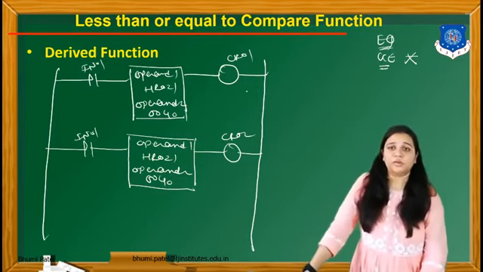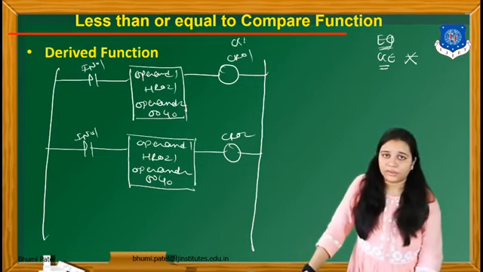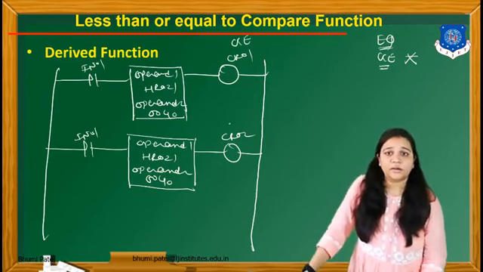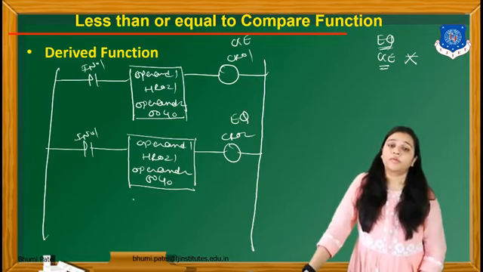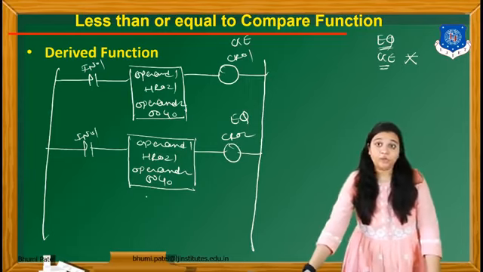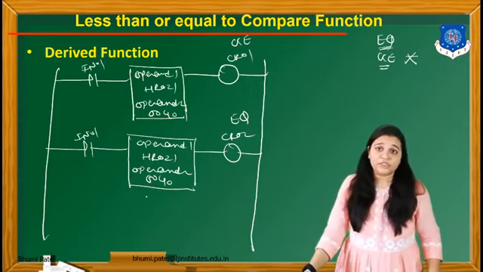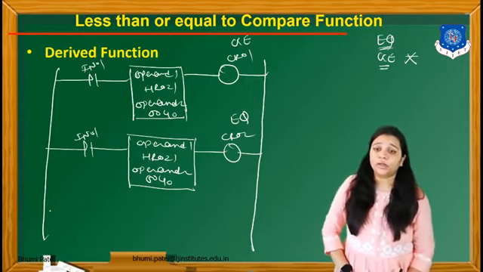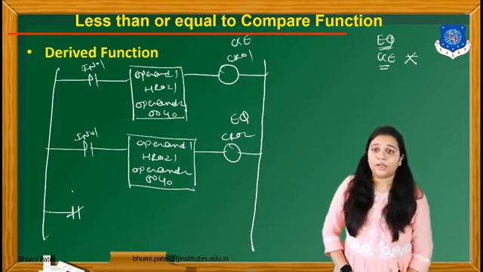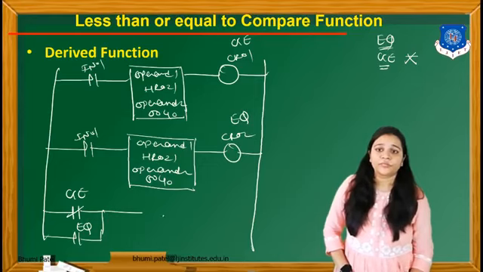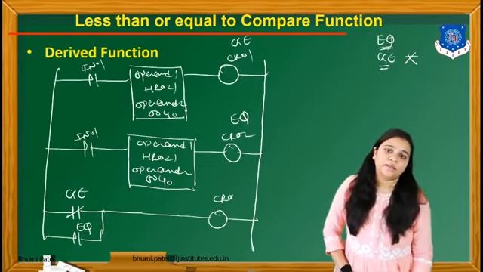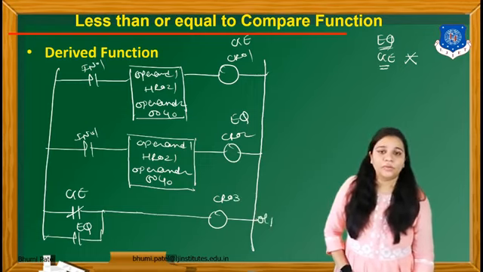Now in the first rung we have to use the command greater than or equal to. In the second rung we have to use the command equal to. Now we have to find the value less than or equal to. That means it is not greater than the other number. So it is not greater than or equal to, but the compulsory condition is that it must be an equal number. So we can take the equal number here. If this condition is satisfied, we can get the less than or equal to number.